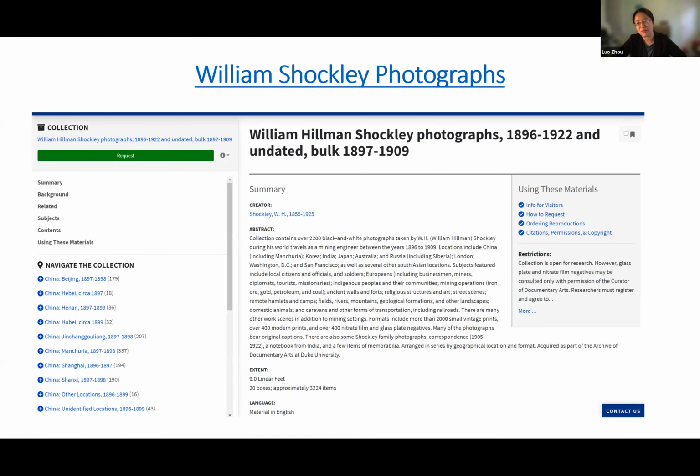As part of his work, he needed to take some photographs to document the places and the workflows that he saw. But he himself is also a very skillful amateur photographer. So he took very good photos. And he was also very interested in the people and culture that he visited.